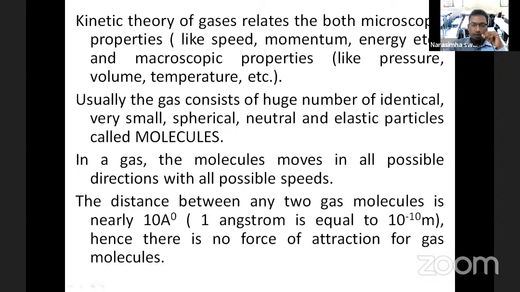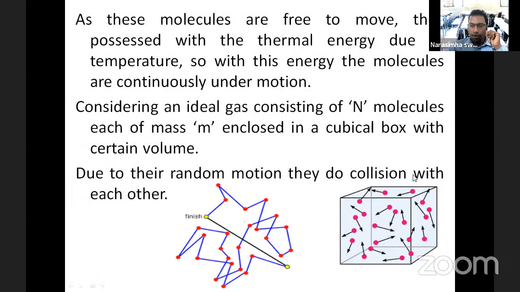The distance between any two gas molecules is nearly 10 angstroms. 1 angstrom is equal to 10 power minus 10 meters. Hence there is no force of attraction for gaseous molecules. This is the reason why the interaction between the molecules fails, because the distance between them is nearly 10 angstroms. Right, so there is no perfect shape for the gas.